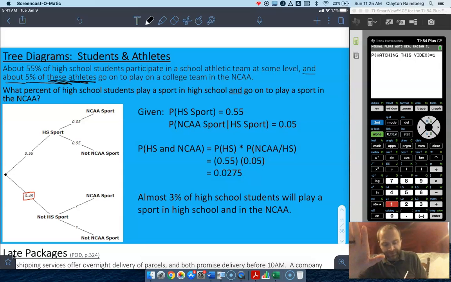So look right here. That's what that's telling you. The probability of an athlete going to the NCAA, given that they played a high school sport. So notice that "given that" is there. So that's where we put this 0.05. Given that they were in a high school sport, they have a 5% chance of going into the NCAA. And then we can use the complement rule again, and that's going to give us our 0.95 here.